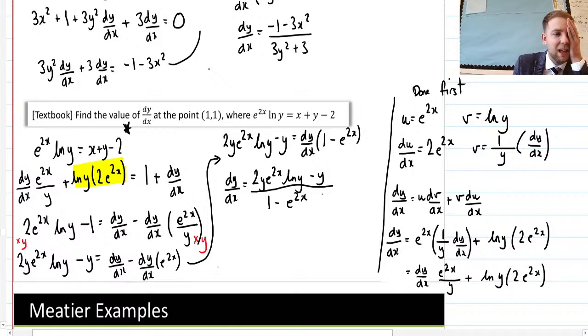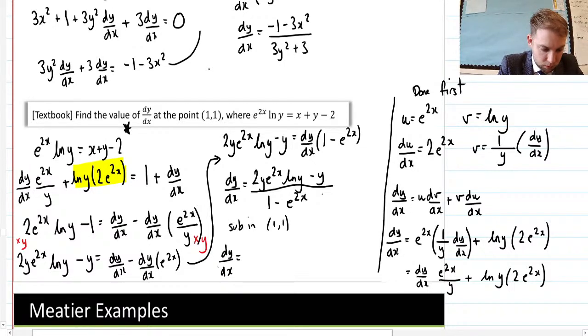Have I finished there? No. Now what I need to do is I need to sub in 1 into this. Probably could have done that earlier to make this easier, but I wouldn't have done that. So I'm going to sub that straight into my calculator just to see what it is.